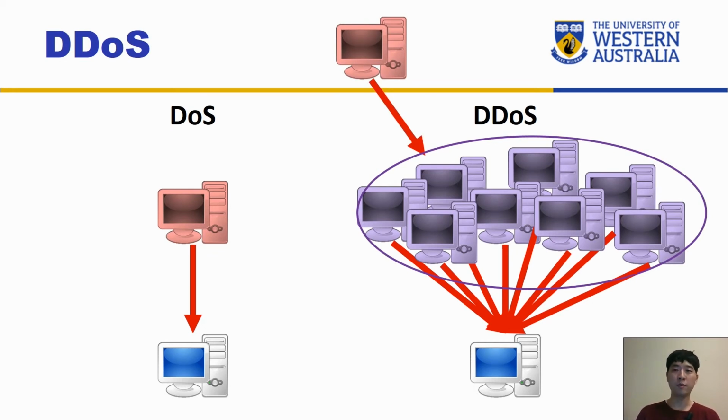You probably heard that term before. Especially in last week's series of videos where you plant Trojan horses on those computers, so you have remote access to them, and then you instruct them to do something malicious, like orchestrate a denial of service attack, a distributed denial of service attack.